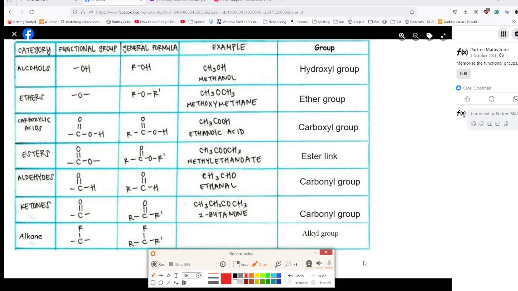Now my memory trick for ester, the ester link, is that ester is a coo. Ester is a cow. Ester is a coo. And my way of drawing esters is I draw it all around the oxygen that's in line with everything else. So if I wanted to draw this one, I would first of all put in the oxygen, and then I would put a methyl group, and then I would put an ethanoate group on the other side.